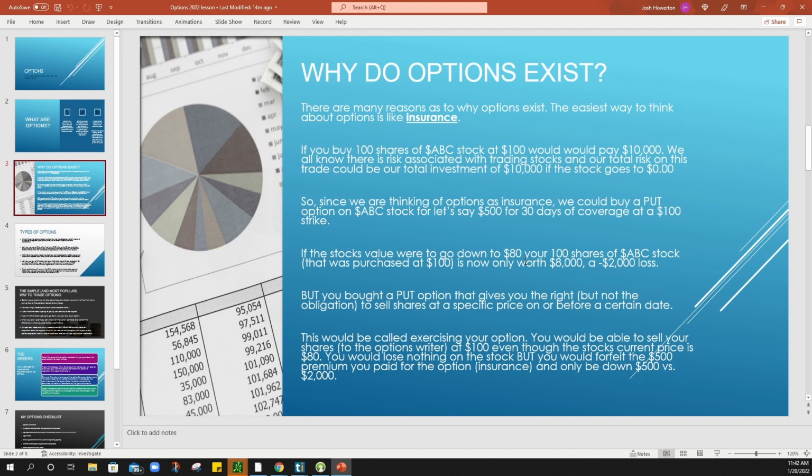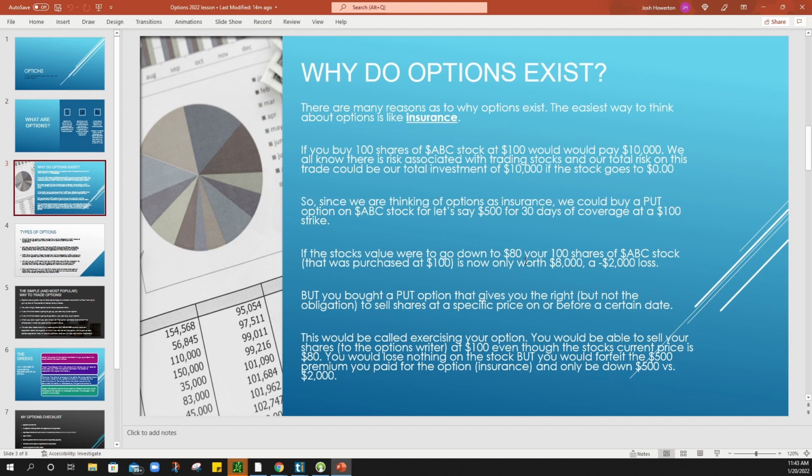You would lose nothing on the stock. But you would forfeit that $500 premium you paid for the option, which is your insurance, and would only be down $500 versus $2,000.